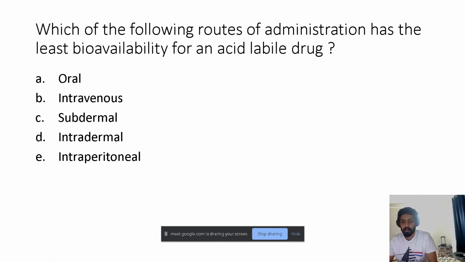Okay. Which of the following routes of administration has the least bioavailability for an acid labile drug? Is it oral, intravenous, subdermal, intradermal, or intraperitoneal? So they have an acid labile drug, meaning that drug will get degraded in the presence of an acid. And they're asking which route will therefore have the least bioavailability.